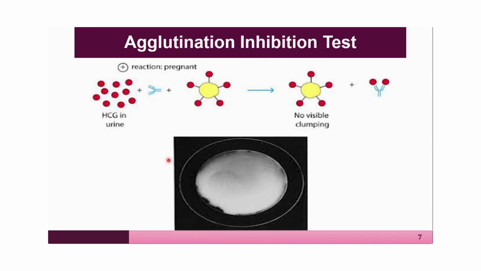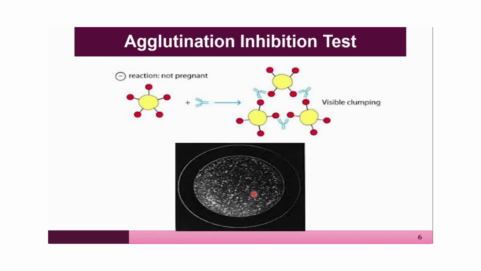So therefore, there will be no clumping of the latex beads, and the reaction is shown in a visible manner as shown in the slide here at the bottom on the red tile. You can see that the latex beads are free and they are not agglutinated.